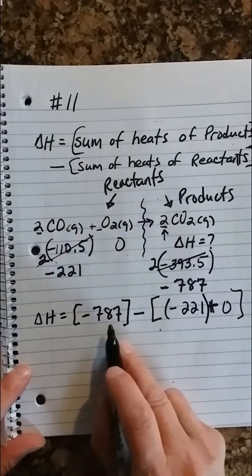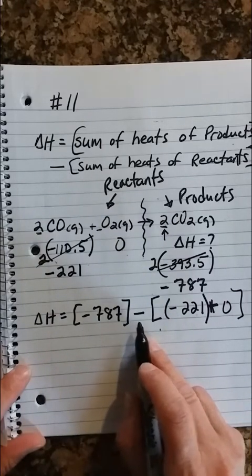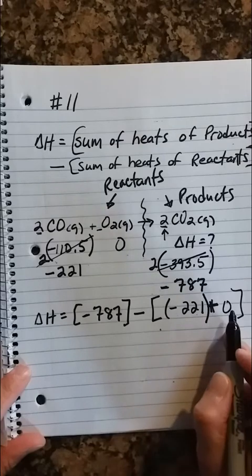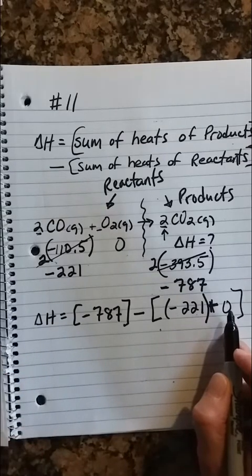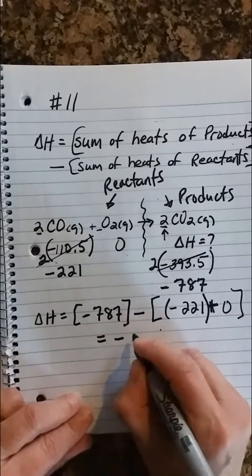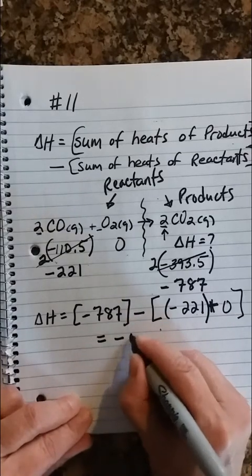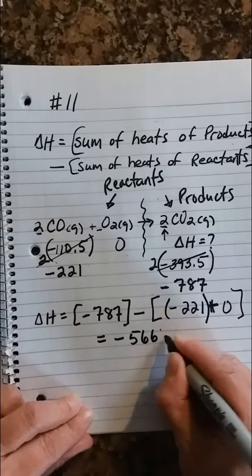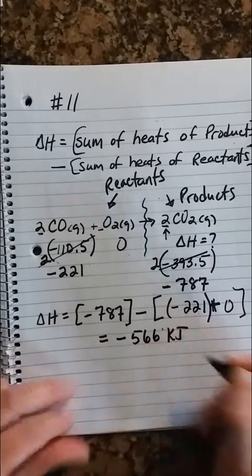So negative 787 minus negative 221 plus 0, and when I add all that up, I get negative 566, and the unit is kilojoule, if you remember that from the last.